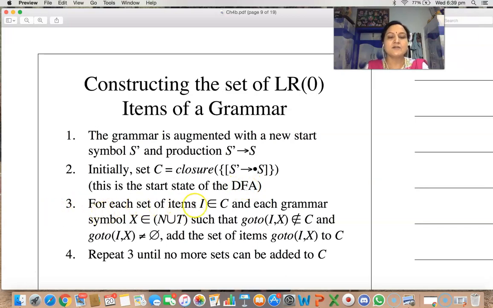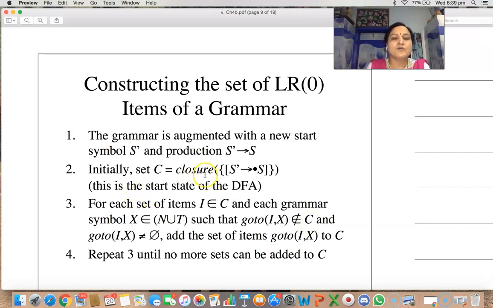Now for each set of items I that belongs to C, I is state number that belongs to C, and for each grammar symbol X that belongs to either non-terminal or terminal symbol of the grammar, such that goto I comma X is not in C, meaning goto I comma X should not be already available in the C, means repeat entries are to be avoided.